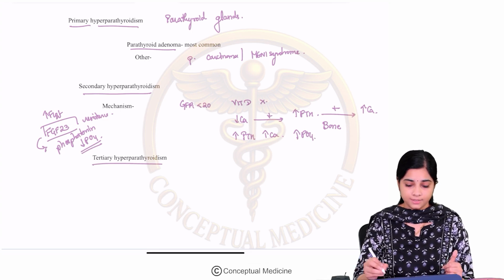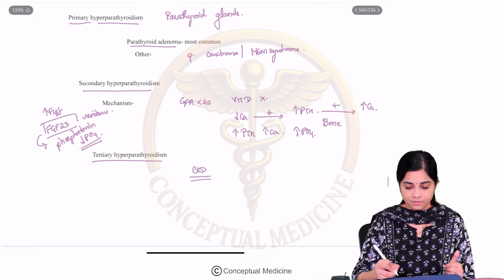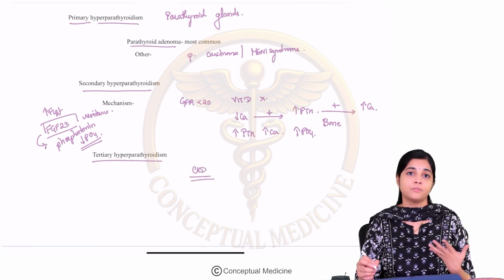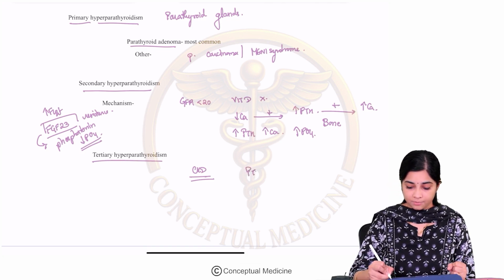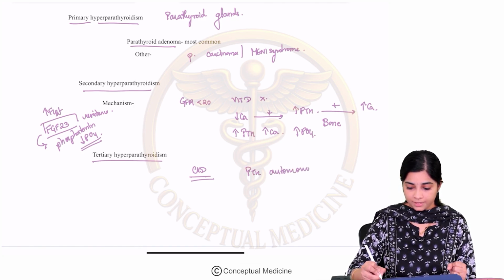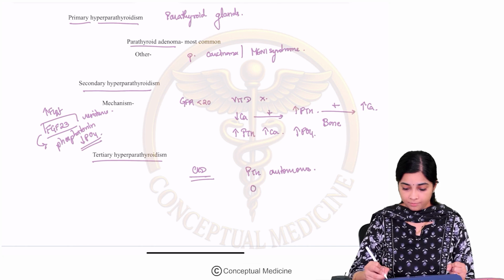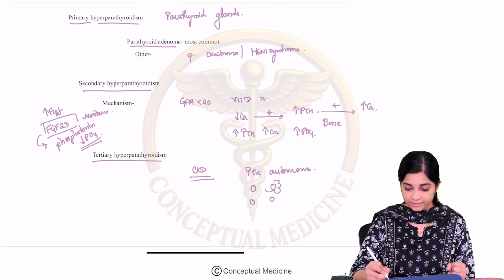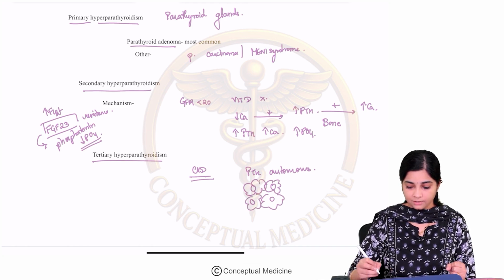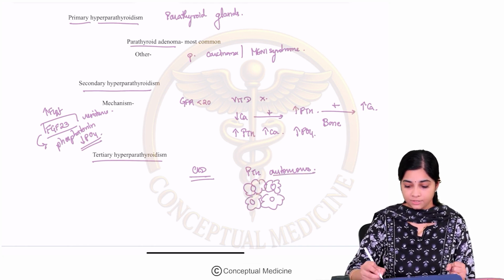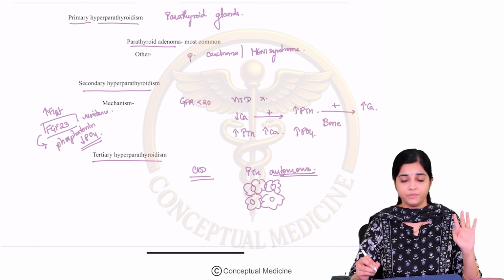Tertiary hyperparathyroidism is also seen in CKD patients where over the course of time, if there is very severe hyperparathyroidism, the PTH becomes autonomous. There can be autonomous PTH production. There can be parathyroid hyperplasia because of this chronic stimulation of PTH. PTH becomes independent of the calcium levels.